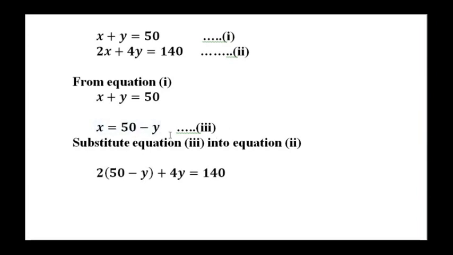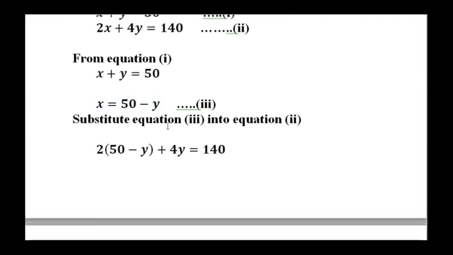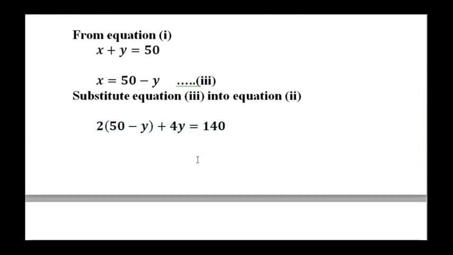Let's name this equation 3. And let's substitute equation 3 into equation 2. Equation 2, which is 2x + 4y = 140, becomes 2(50 - y) + 4y = 140.